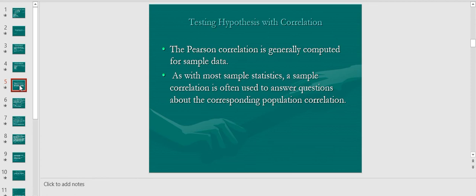For example, a psychologist would like to know whether there is a relationship between IQ and creativity. This is a general question concerning the population. To answer the question, a sample would be selected and sample data would be used to compute the correlation value.